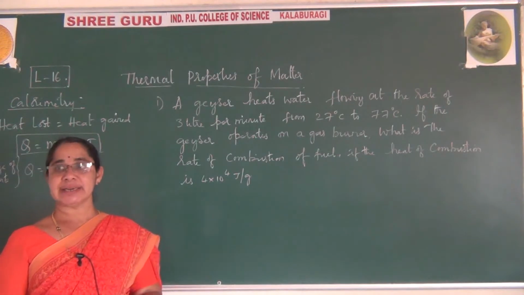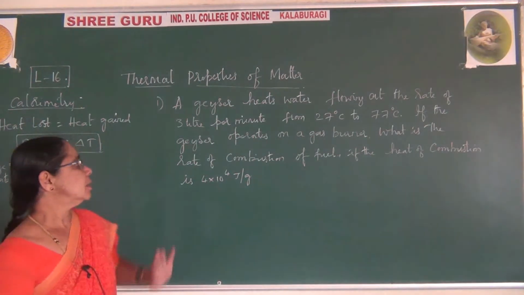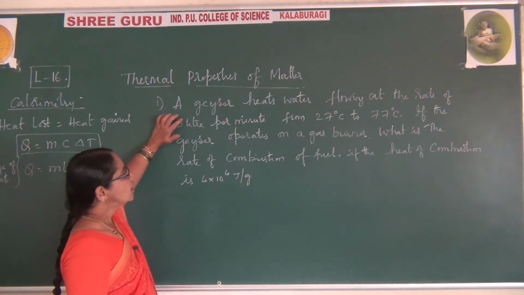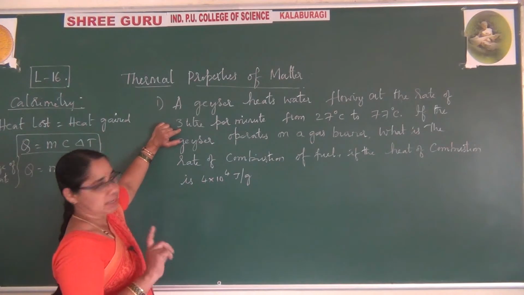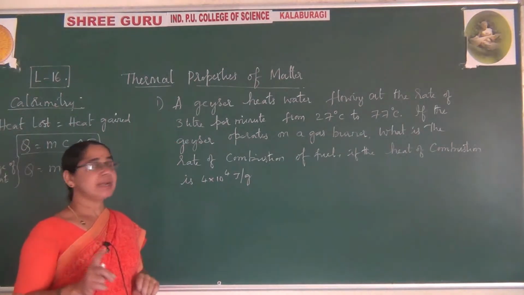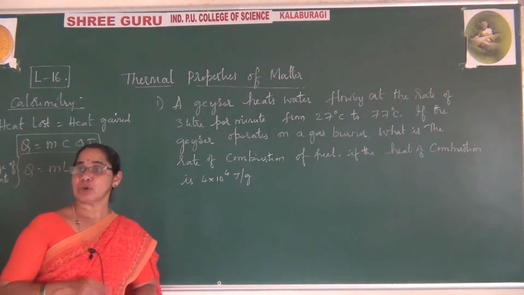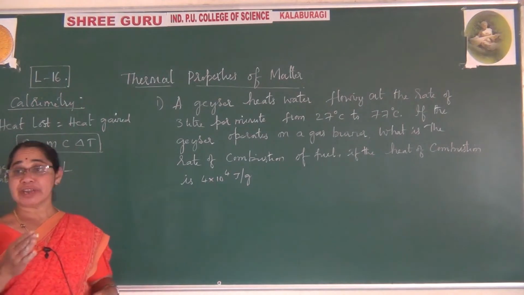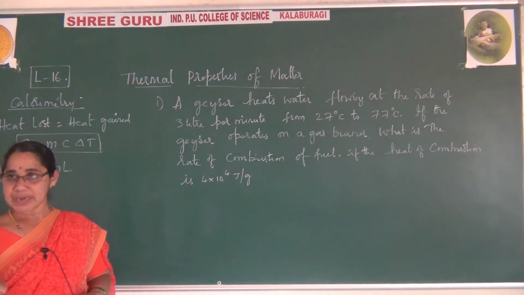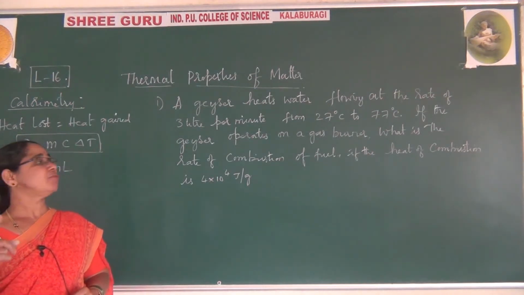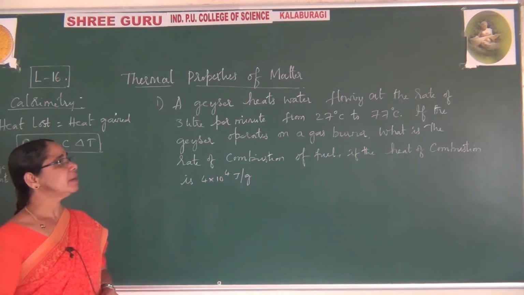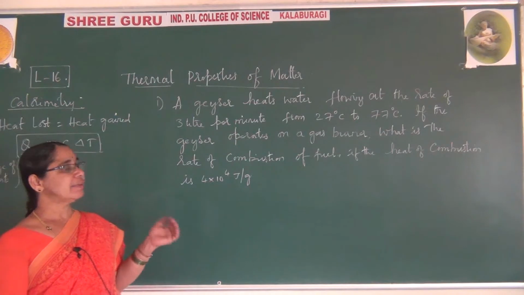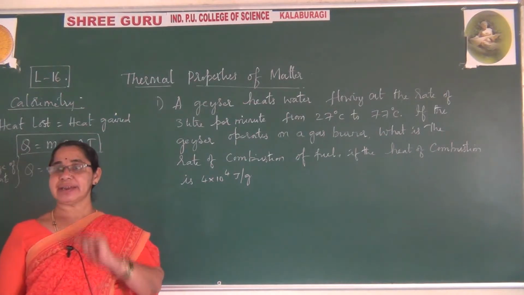That geyser heats water and it is flowing at the rate of 3 liters per minute. So for 1 minute, 3 liters of water is coming out of it. And the temperature they have given is from 27 degrees to 77 degrees centigrade.